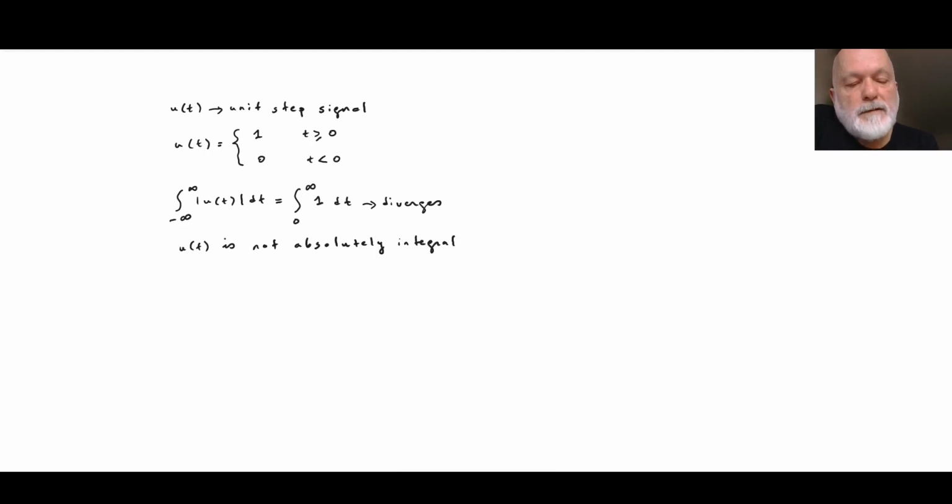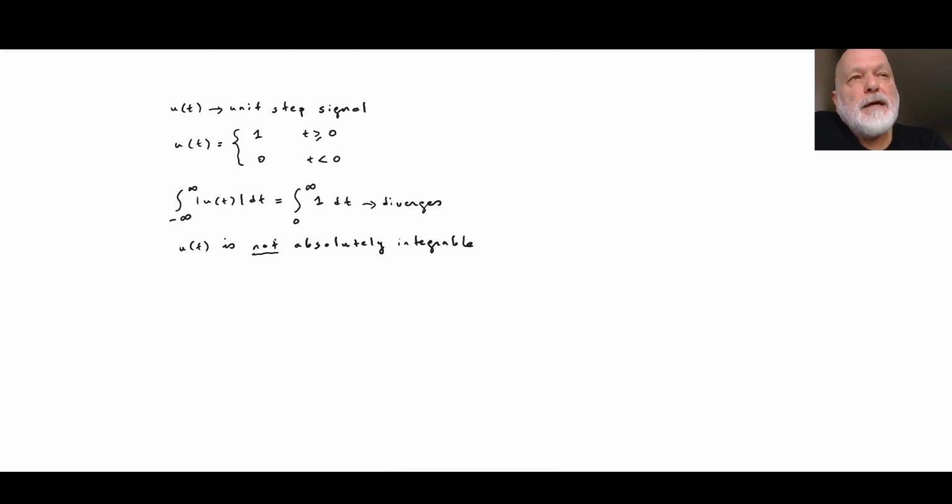Therefore, its Fourier transform does not exist in the sense that the Fourier integral does not exist, because x(t) is not absolutely integrable.